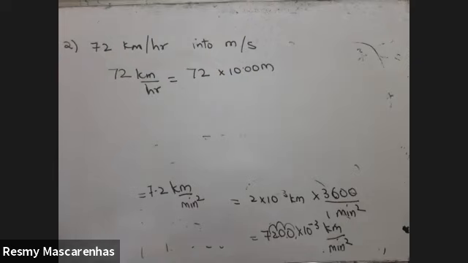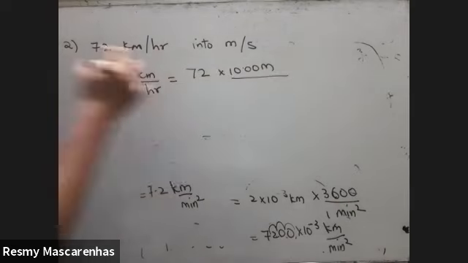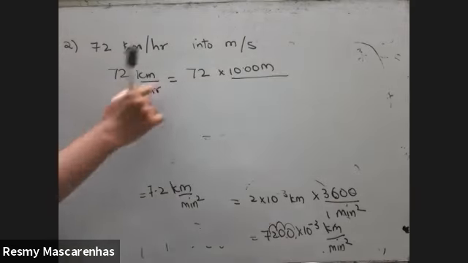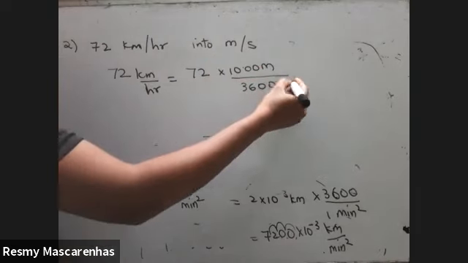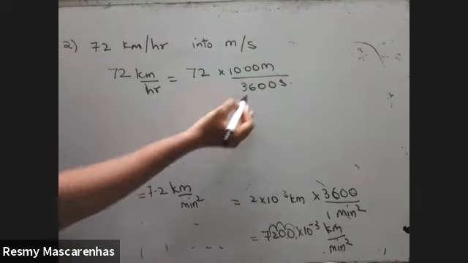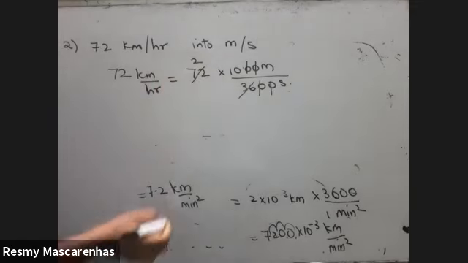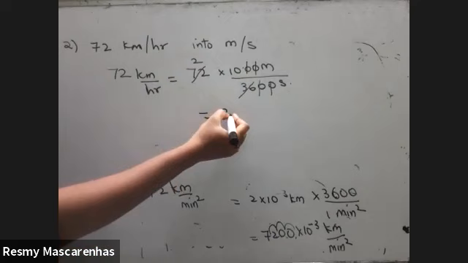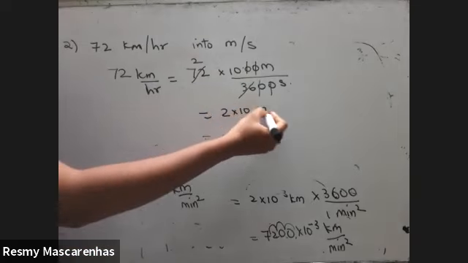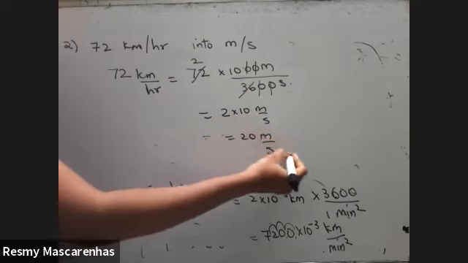Basic from 10th standard also you should be knowing. 1000 meters will give you 1 kilometer. 1 hour into seconds, 3600. Zeros will cancel. 36 into 72, into 10, 20 meters per second is that.